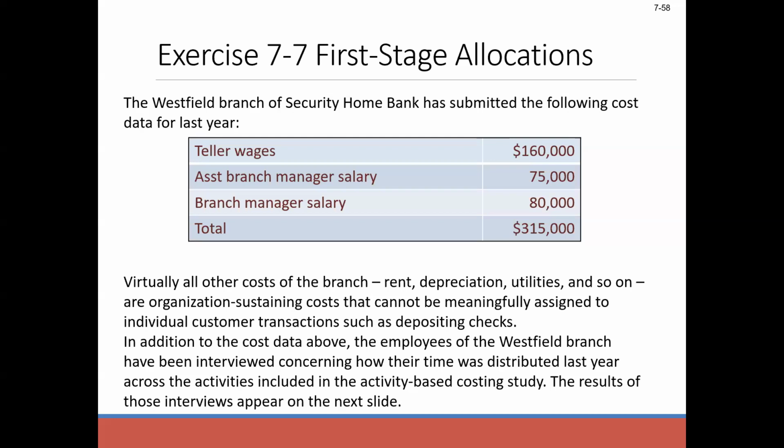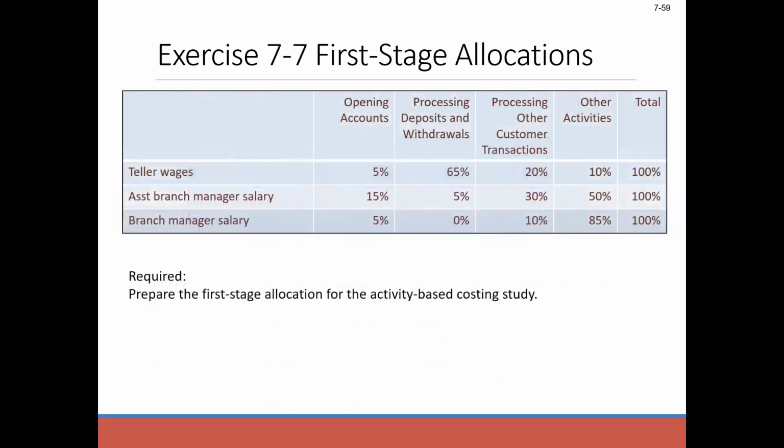In addition to the cost data above, the employees of the Westfield branch have been interviewed concerning how their time was distributed last year across the activities included in the activity-based costing study. The results of these interviews are shown here.